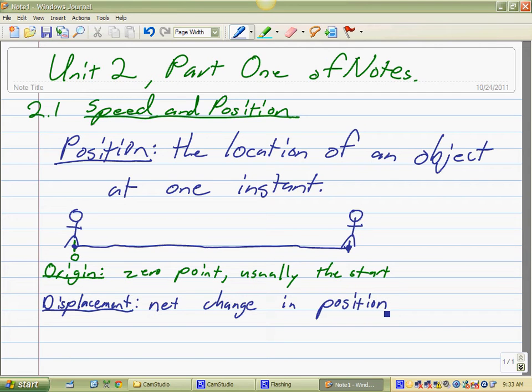We like to mark our position as to where we are, especially when we're looking at one-dimensional motion. We'll mark it with an X. So that's where you are.